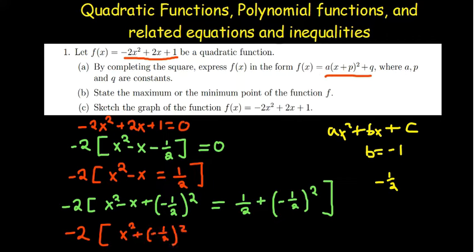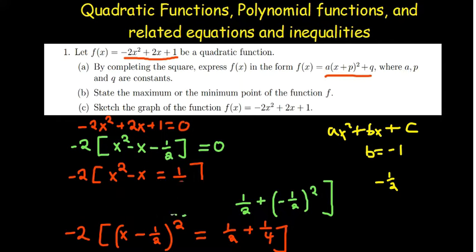Instead of writing it in that form, we can just pull out the square directly by saying x minus half in brackets squared is equal to, on the other side we've got half, plus negative 1 over 2 squared, which is going to give us 1 over 4.